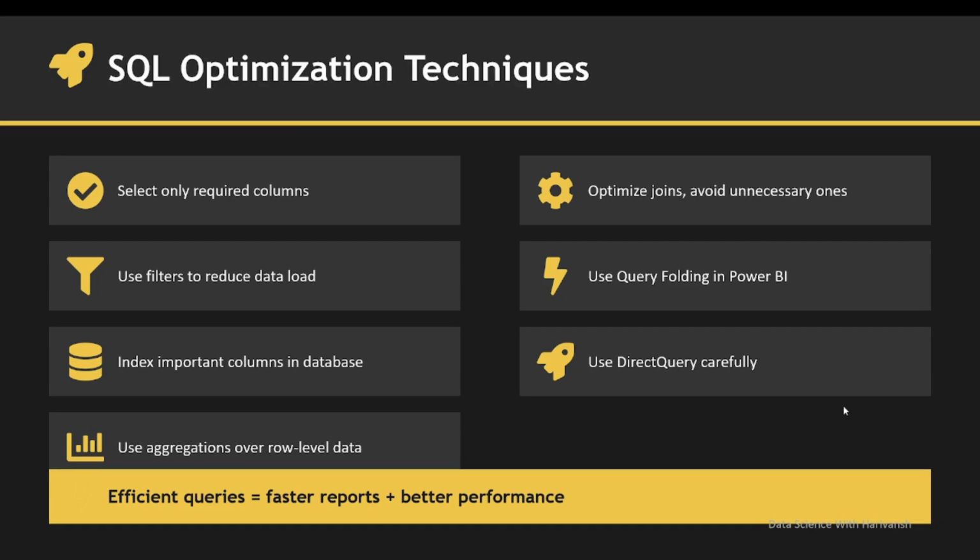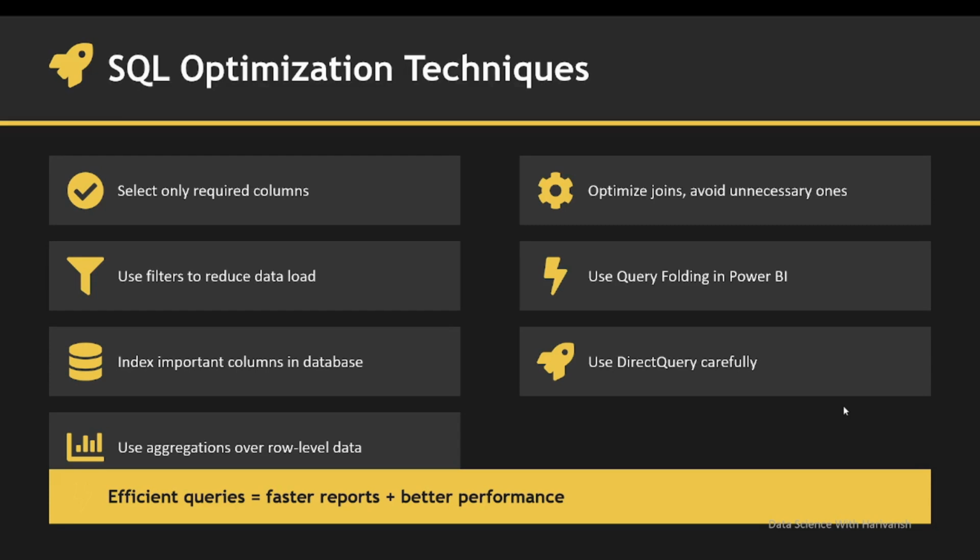While direct query is valuable for scenarios where data must always be real time and up to date, it can create significant performance bottlenecks if the underlying database is large or not well optimized.